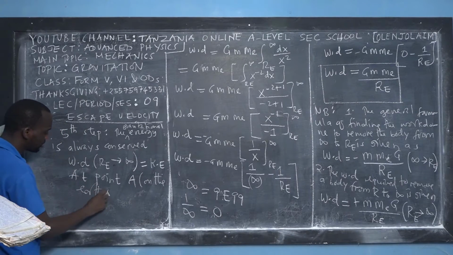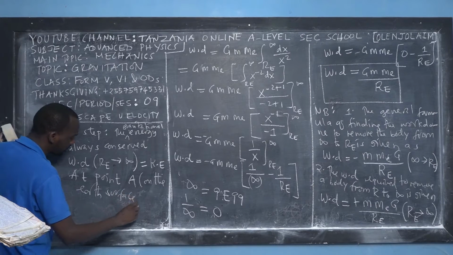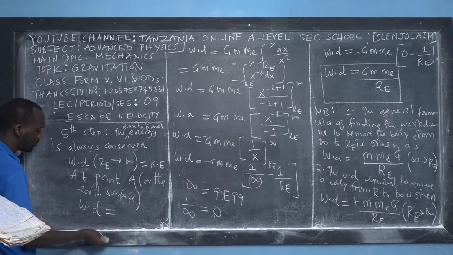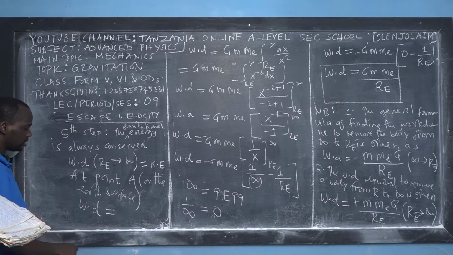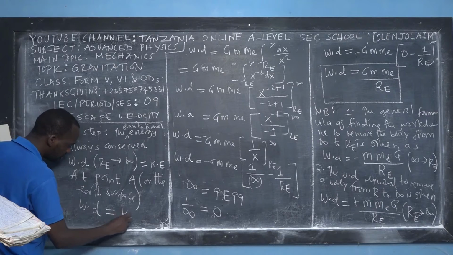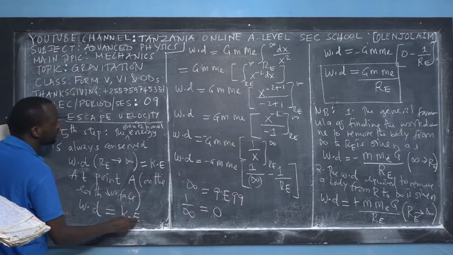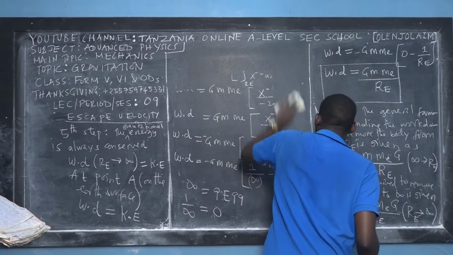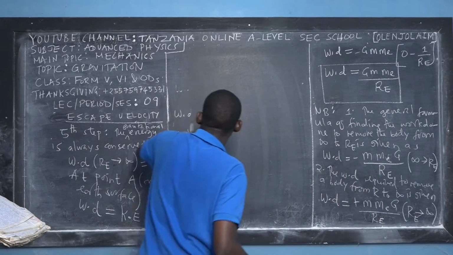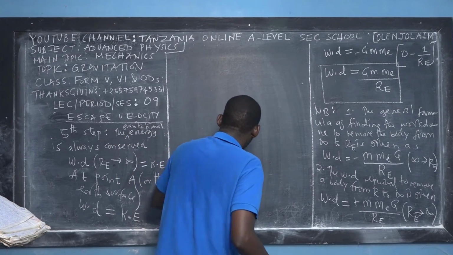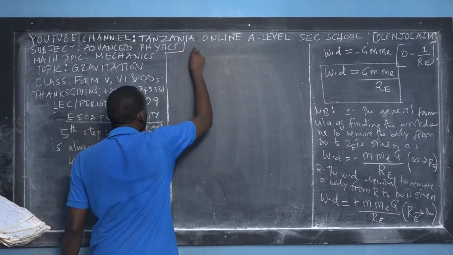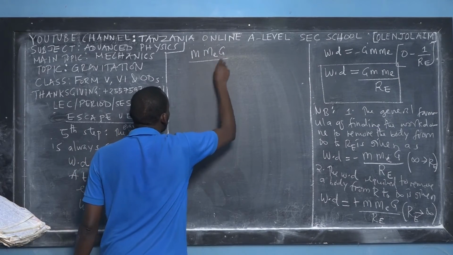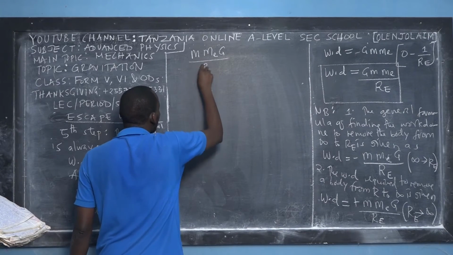On the Earth's surface, the work done required to remove the body to infinity is equal to the kinetic energy that will cause that body to move from the Earth's surface to infinity. So we write the work done as the mass of the body times the mass of the Earth times the gravitational constant over the radius of the Earth.